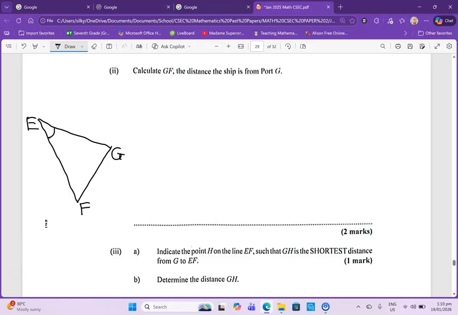We found this was 54 degrees. We have 74 degrees. And this is 52 degrees. And the distance EG was 245 kilometers.